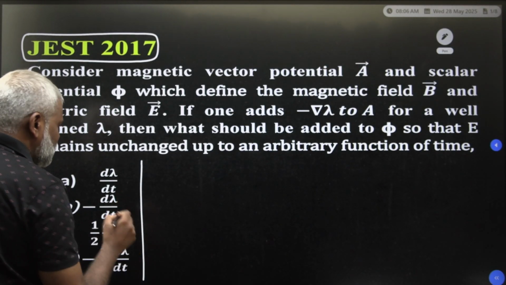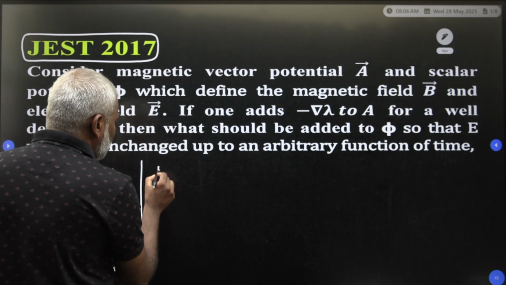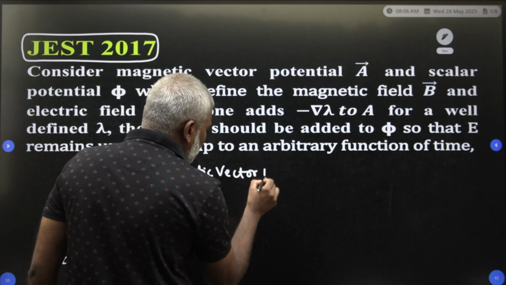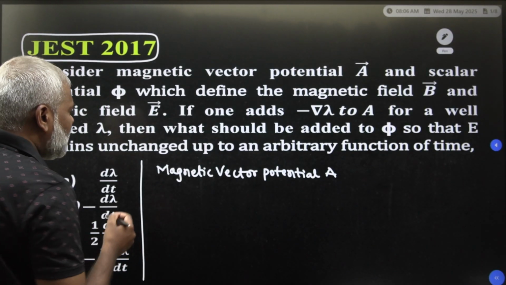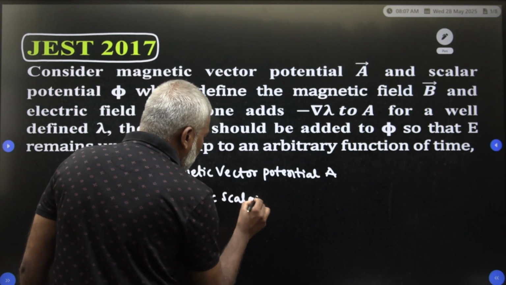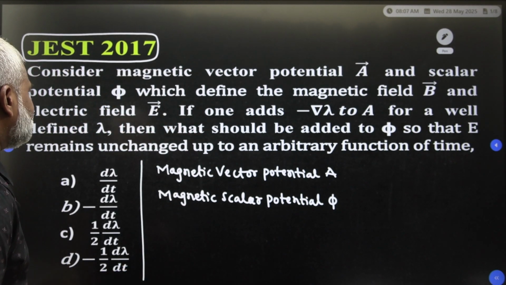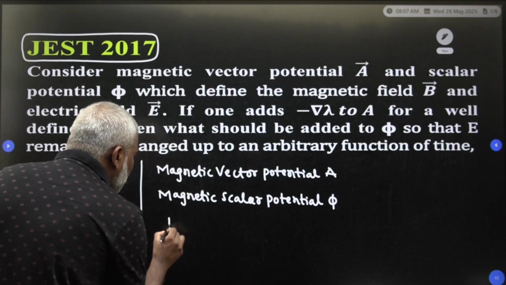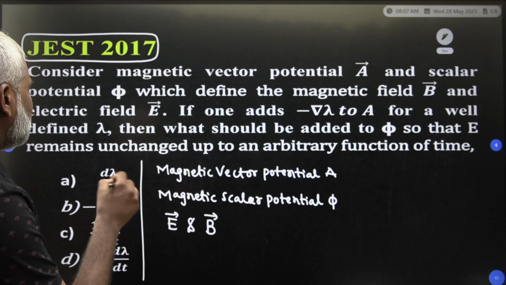Consider a magnetic vector potential A and a scalar potential phi, which define the magnetic field B and the electric field E.